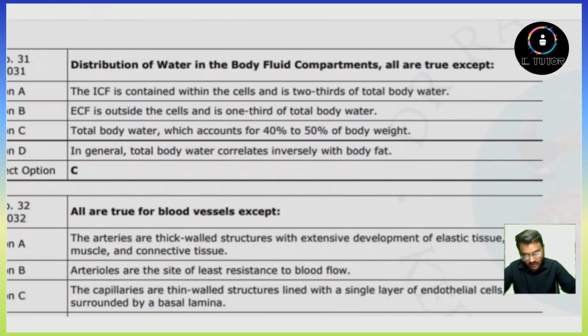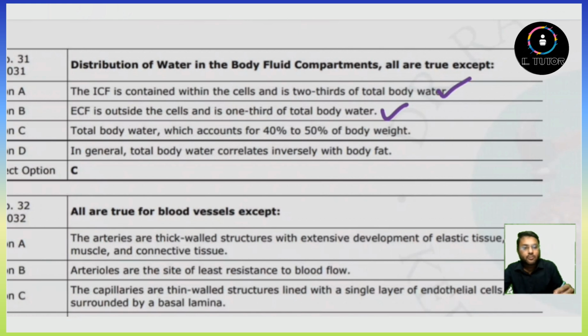Now next question is distribution of water in the body fluid compartments. All are true except. ICF is contained within the cell and it comprises 2/3 of the total body water. This is true. ECF is outside the cell and comprises 1/3 of the total body water. This is again true. Total body water accounts for 40 to 50% of the body weight.